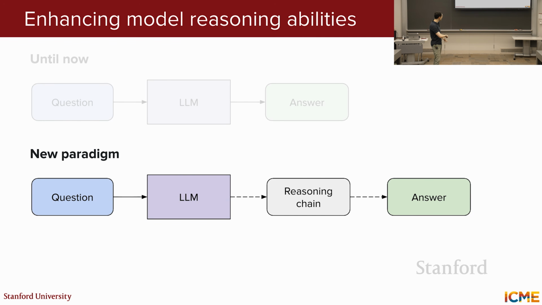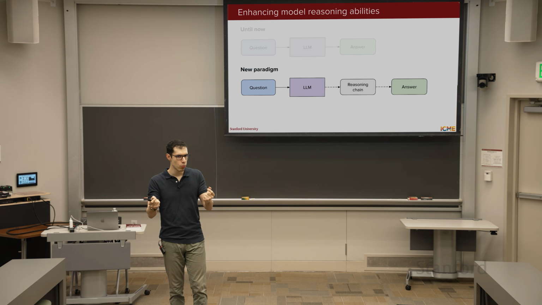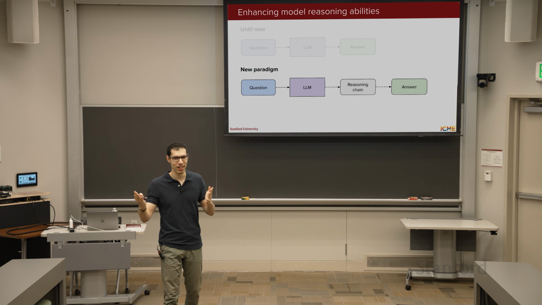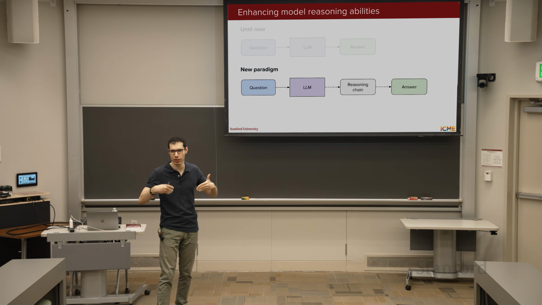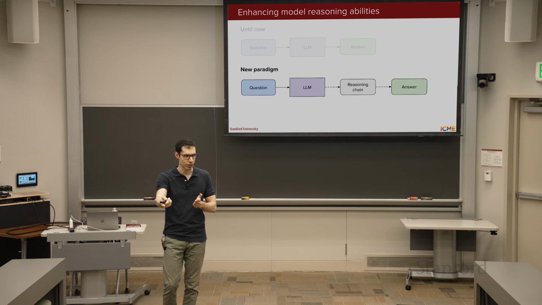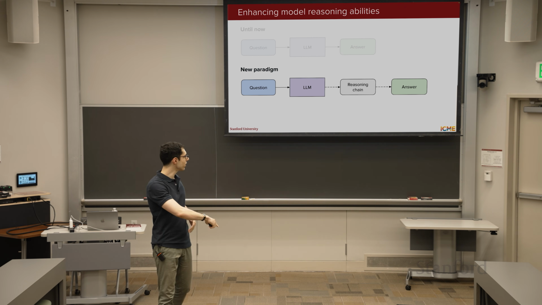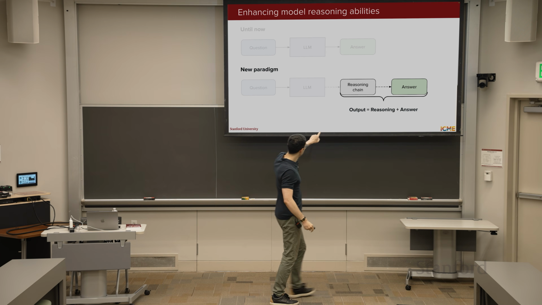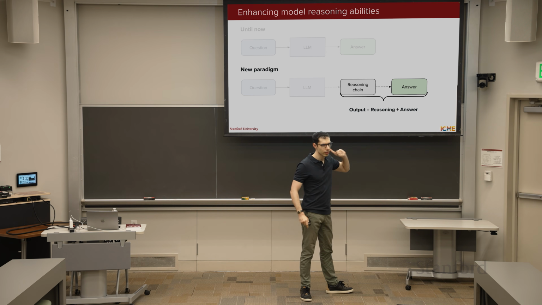In our case, given a question as input, we don't want to directly generate an answer. We first want to think, and we think by first outputting a reasoning chain, and then we provide the answer. So the LLM output is not just the answer, it's the reasoning plus the answer.